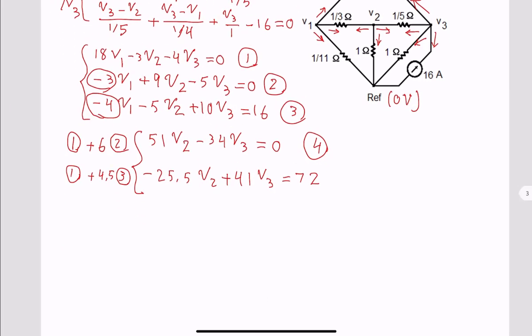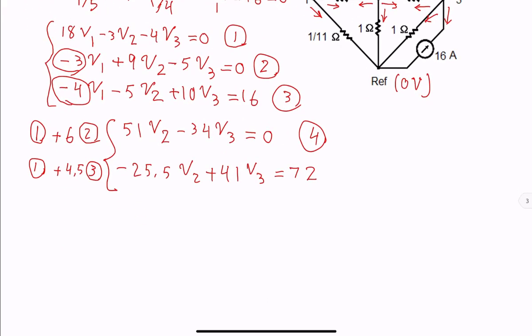All right, now let's change that negative 25.5 to 51 so we can eliminate V2 in these two equations. So let's take that equation and simply multiply it by 2. We have negative 51 V2 plus 82 V3 equal to 144.